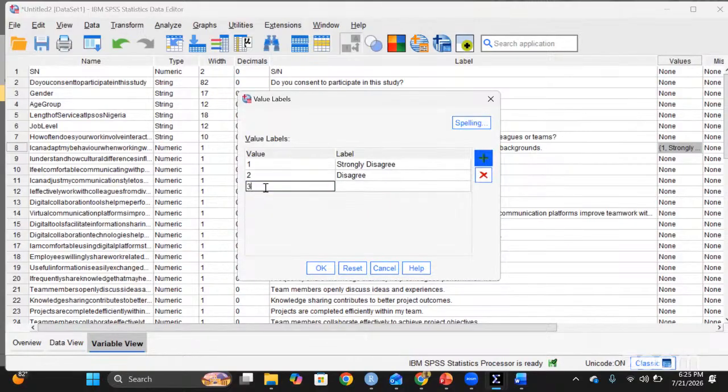I click on 3, then 3 is neutral. Click on this, then I click on 4. 4 is agree. I know you guys already know this, so I will not spend too much time here. 5, strongly agree. So this was what we did the last time. Then we'll click on OK.